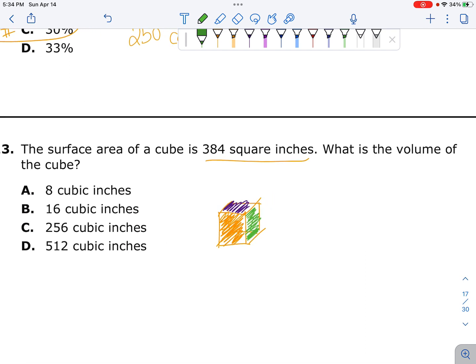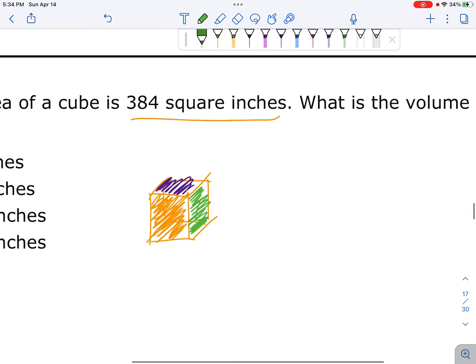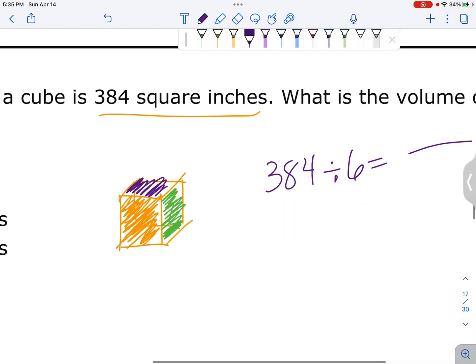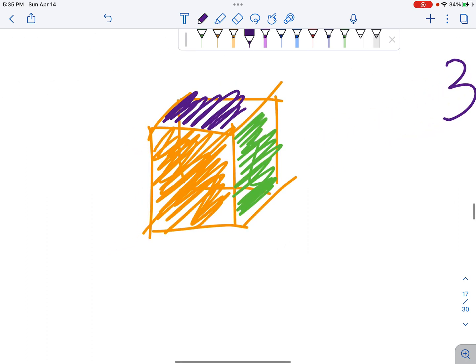So we can find the area of the front side by saying 384 total inches split into 6 sides. 384 divided by 6 is 64. Now, that's saying that the area of this gold side is 64. And because it's a cube, we know that the side lengths are the same.